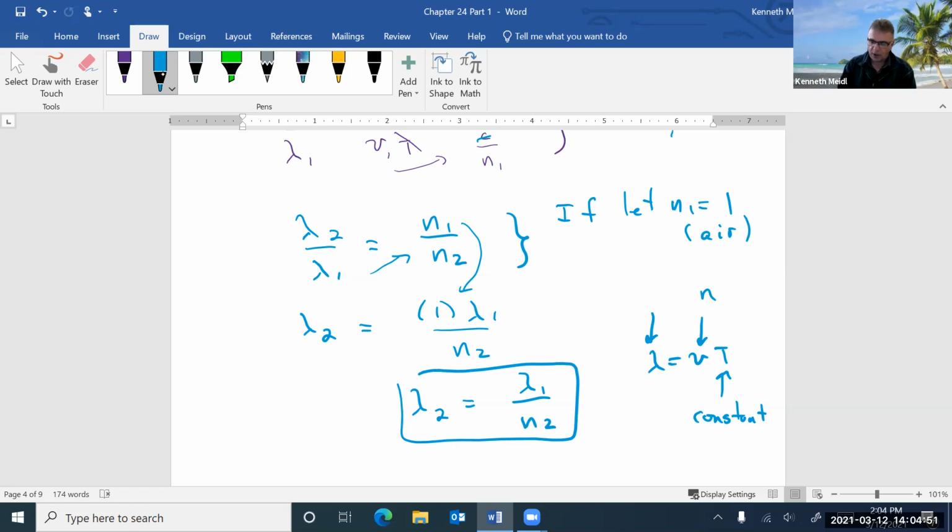Okay, so go back and refresh your memory that the frequency is only dependent on the source of the wave. The velocity is dependent on the medium, and then the wavelength is dependent upon what the source did as well as the new medium. You change either one of those, and typically we don't change the source. That means you're doing work on the wave. But if you change the material, then the wavelength changes, and we see exactly how that happens here.